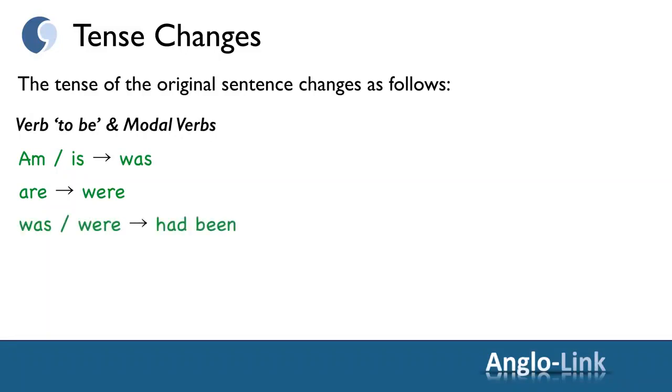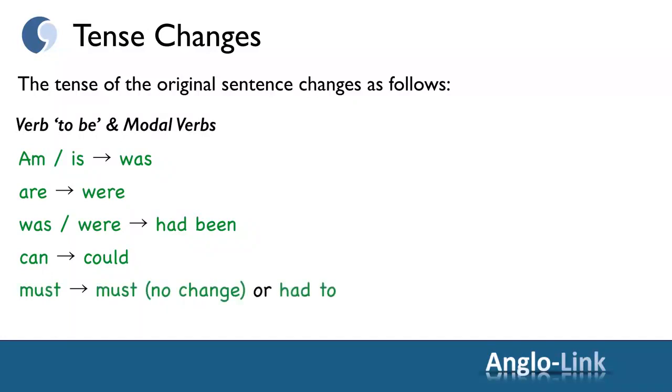Was and were change to had been. Can changes to could. Must stays must, or it changes to had to. May changes to might. Might stays might. There is no change.